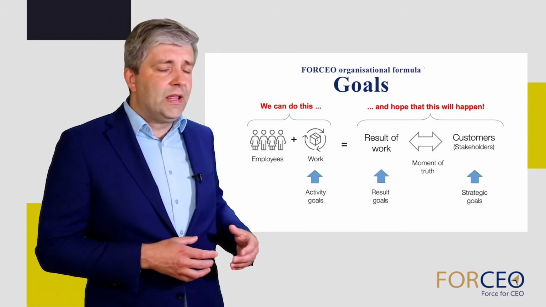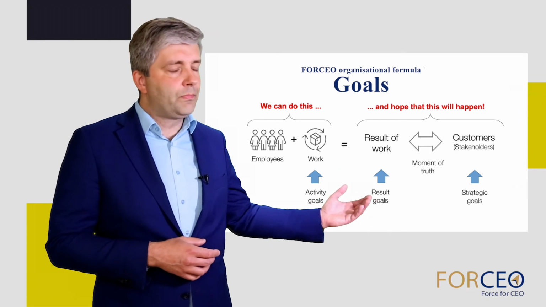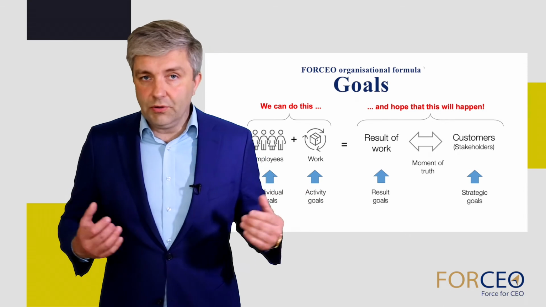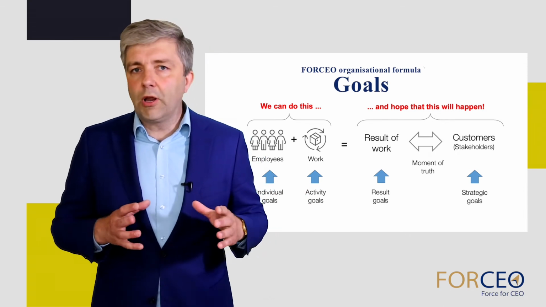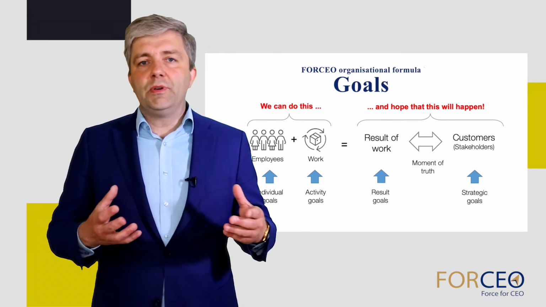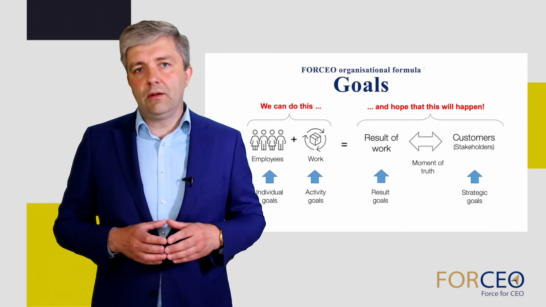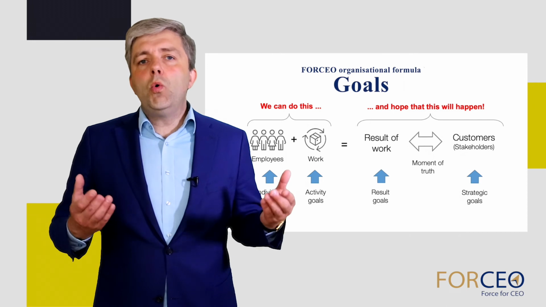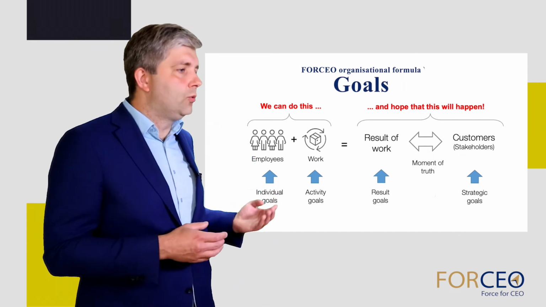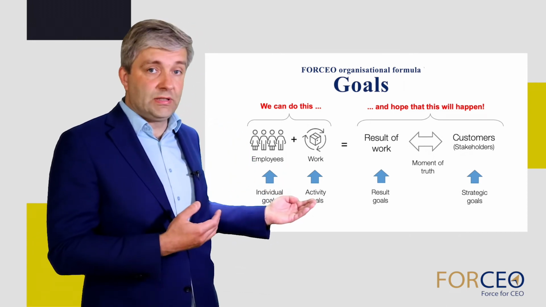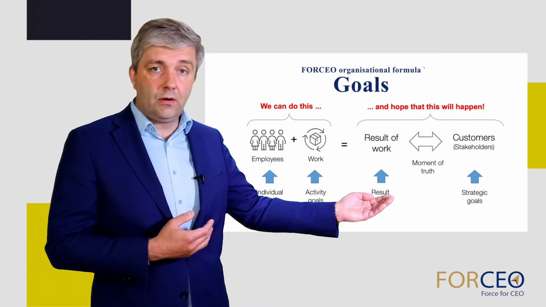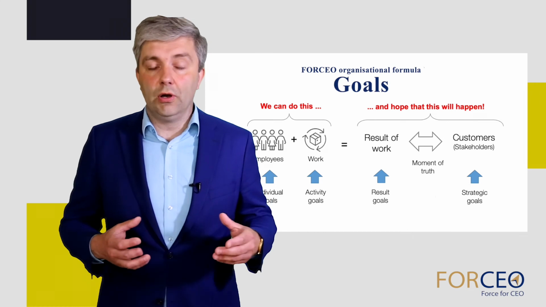That's what we always suggest to our customers, that we have to start from the customer. Okay, activity goals. And then at the end, individual goals, which probably are not very common in any of those management models you might read in management books. But what we say there is, who are those people who need to do the work to achieve those activity goals, which will convert into the result goals and then later on into the strategic goals.